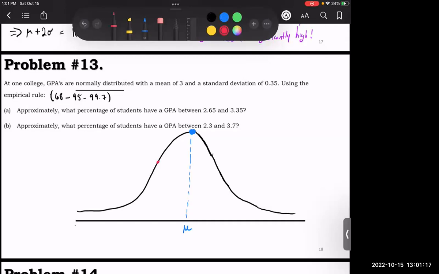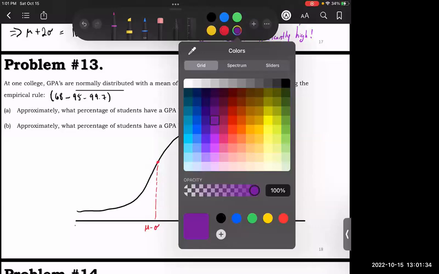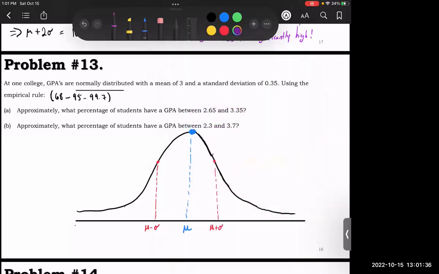If we're 1 standard deviation away from the mean, we're at these particular values: the mean minus 1 standard deviation, or the mean plus 1 standard deviation. These are not the best pictures, so my illustration is a tad off, but nonetheless we'll be able to solve this problem.